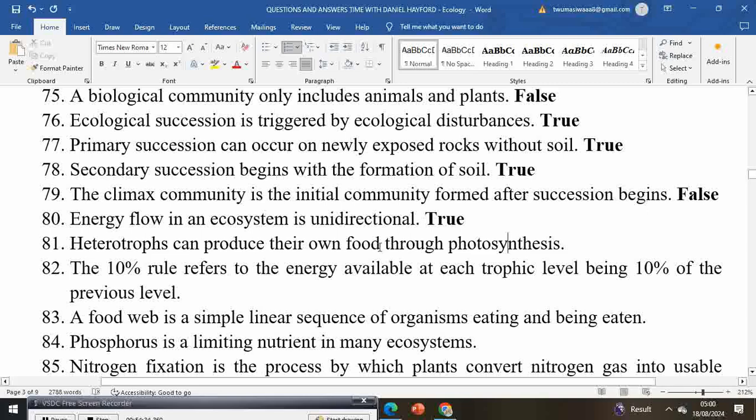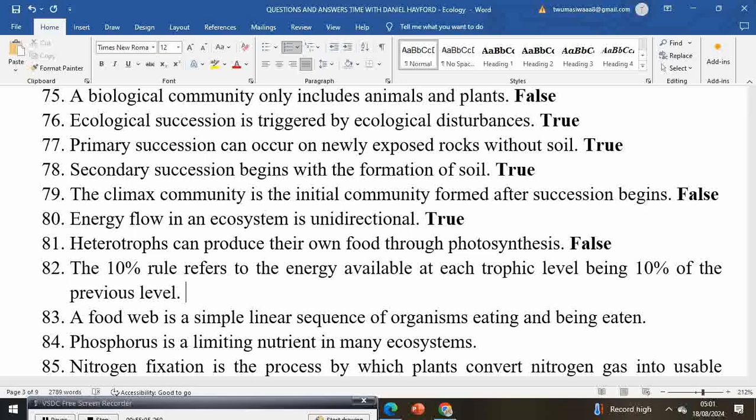Now, question number 81. Heterotrophs can produce their own food through photosynthesis. This statement is false. It is autotrophs that can produce their own food. The 10% rule refers to the energy available at each trophic level being 10% of the previous level.